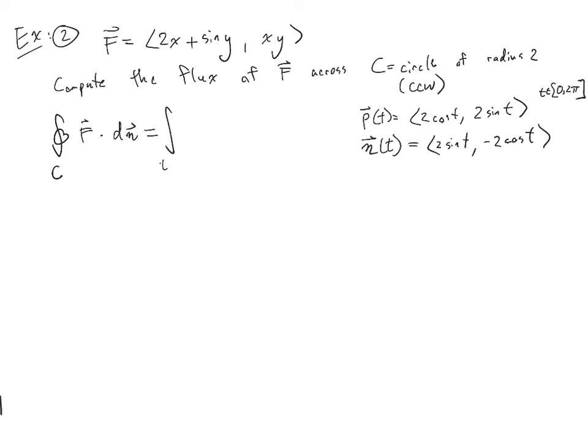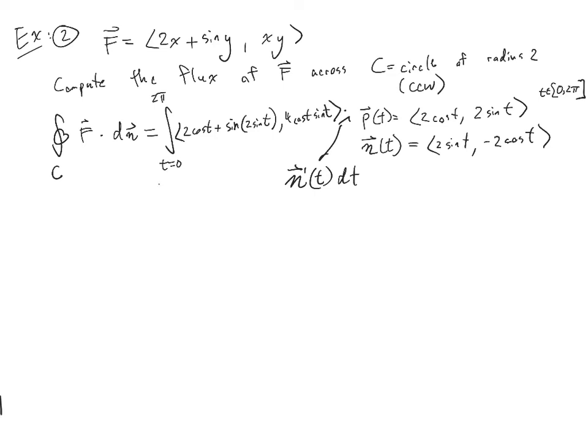Then my integral will become the integral from 0 to 2 pi of, this looks bad already, 2 cosine t plus sine of 2 sine t, comma, 4 cosine t sine t, dot, and then all in there I need to put n prime of t dt.